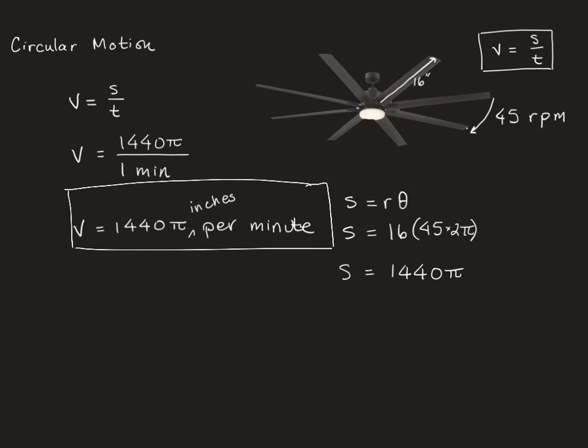That's the exact value. Of course, this is one of those cases where a decimal might actually be more appropriate. 1,440 pi works out to be about 4,523.893 inches per minute.